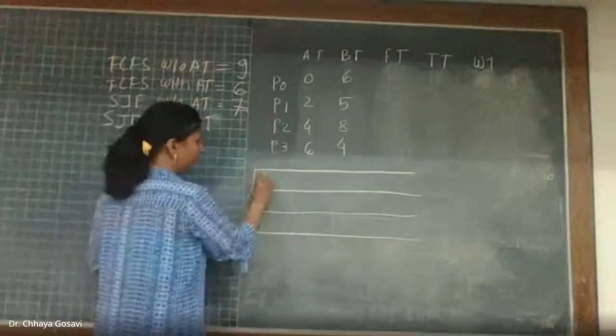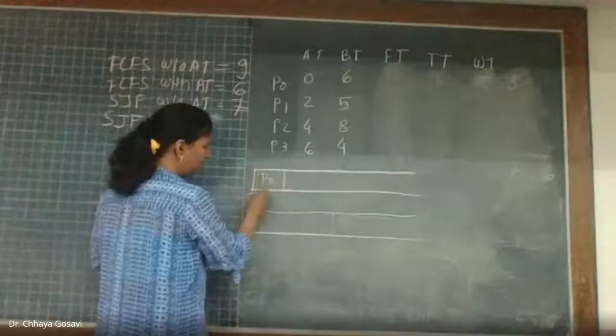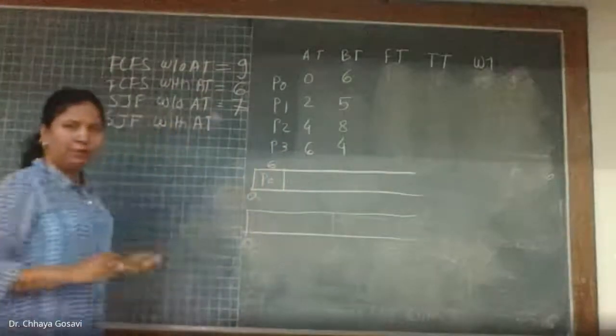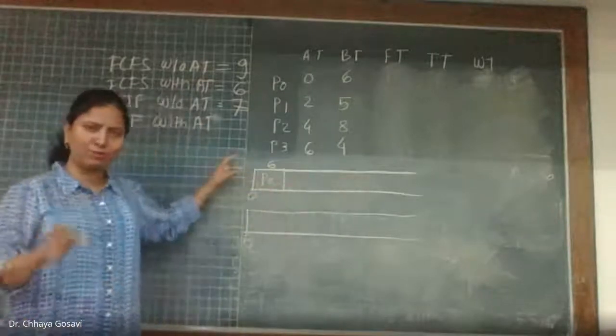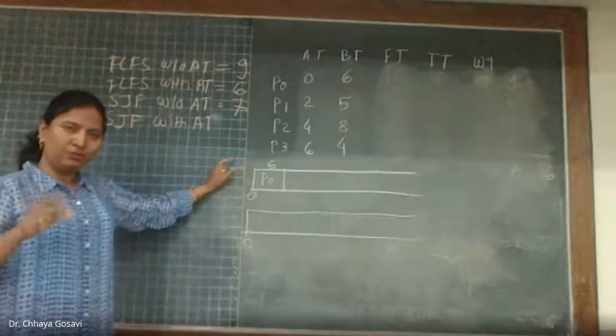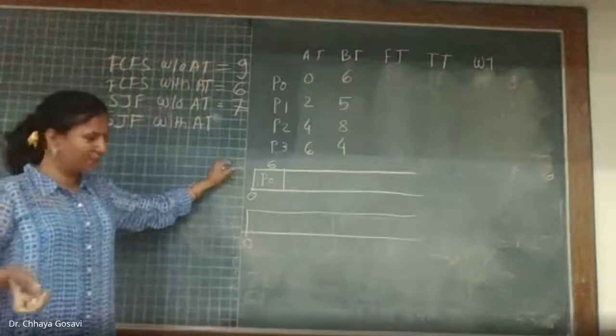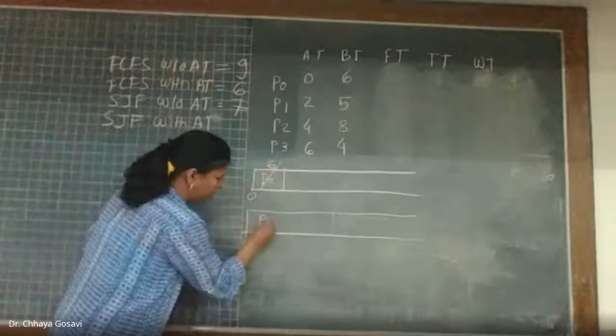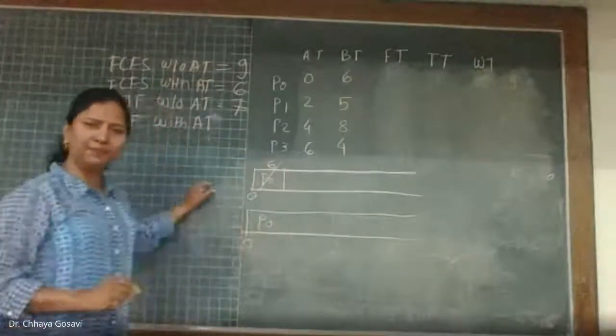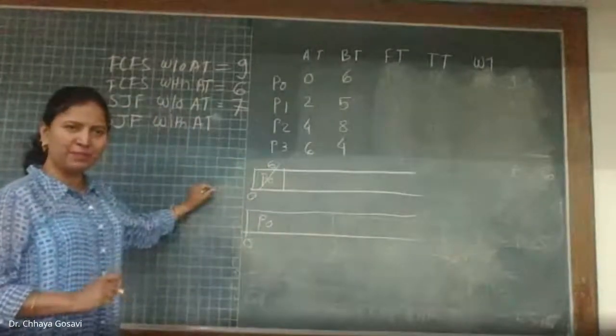So P0 arrived at 0 and with burst time 6. But there is none of the process other than P0, only one process in the queue. So the shortest job first algorithm is applied and this is the only process. So this process is allocated to the CPU. For how much time? SJF is non-preemptive.